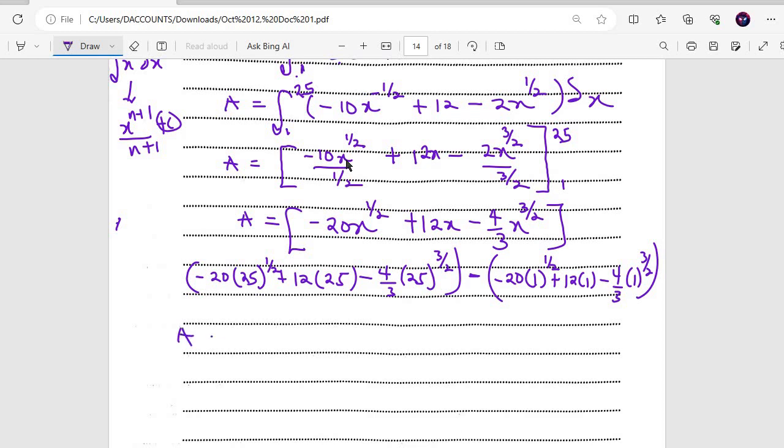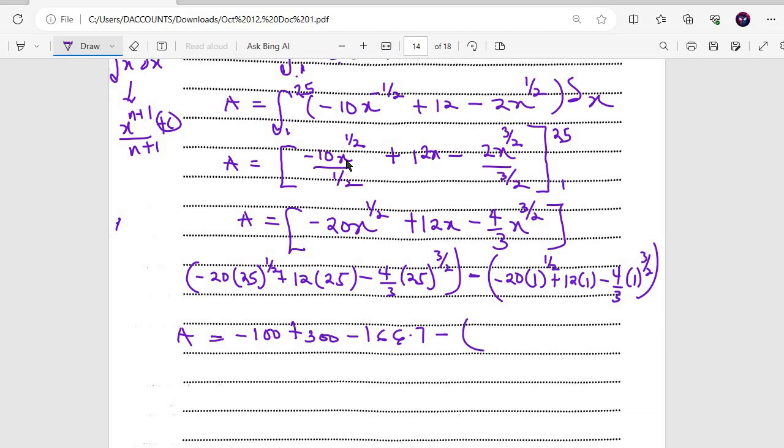So the area, minus 20 times 25 raised to the power half, that gives minus 100. 12 times 25, I think it's 300. The other gives minus 166.7.